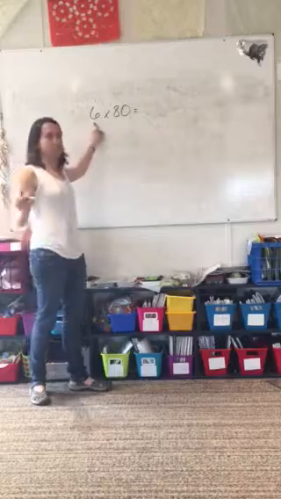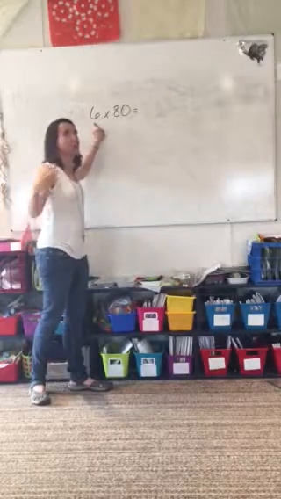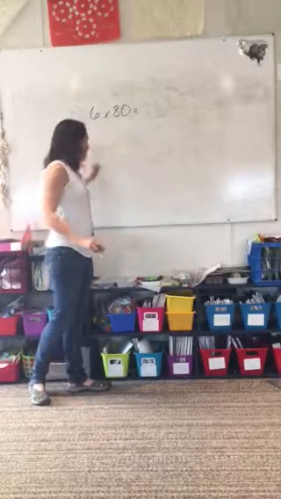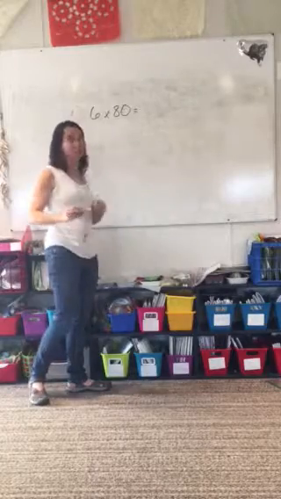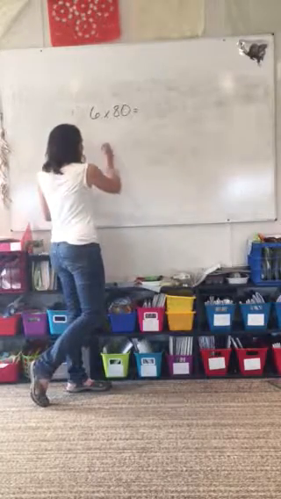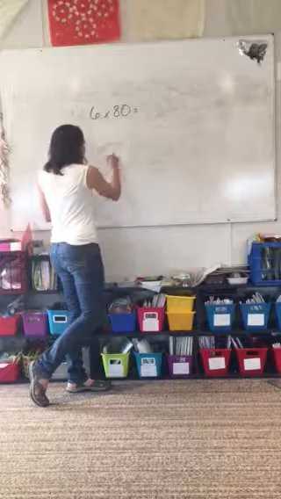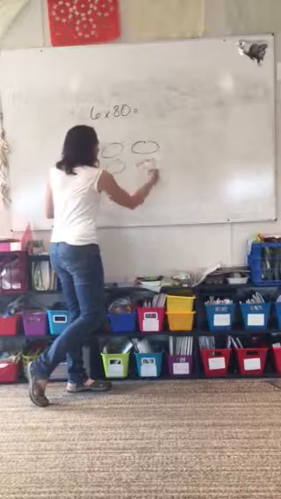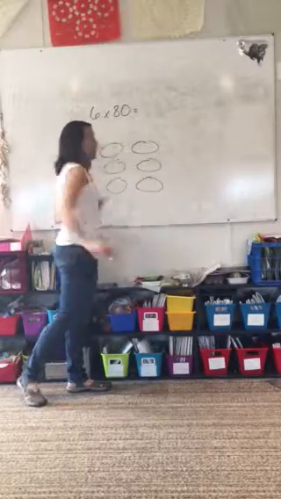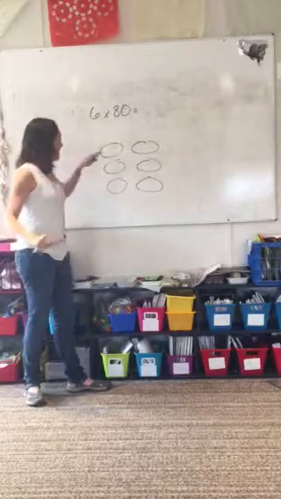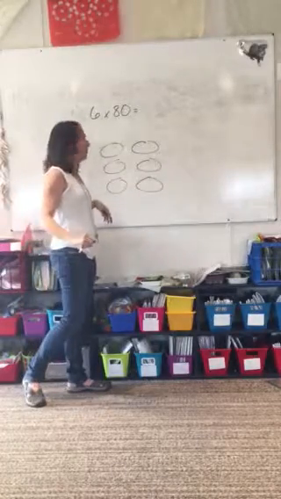So really what you're doing is you're thinking of, I have 6 groups of 80 in each group. But instead of having to draw 8 tens, we could draw 6 groups with 8 tens in each group.